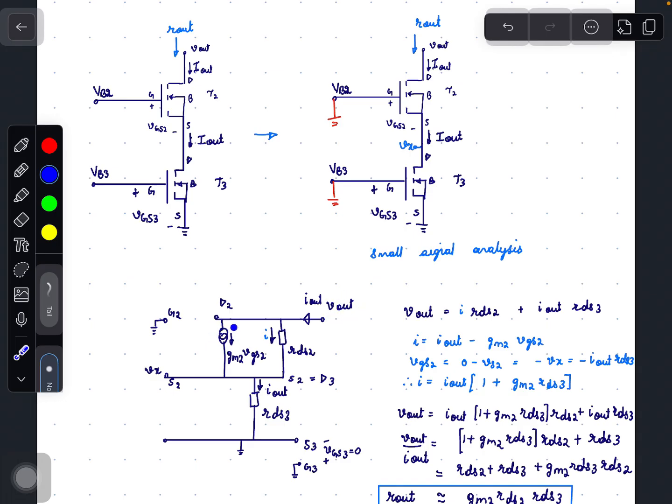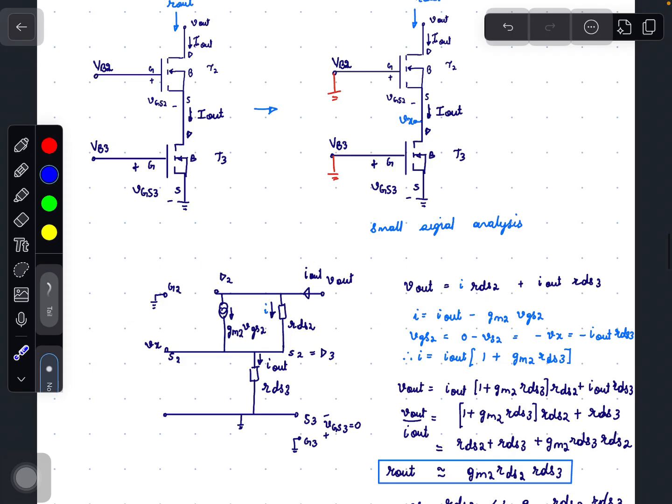We have gm2 times VGS2, and then we have an RDS2. And then to the source of T2, or the drain of T3, we have an RDS3 which is connected to ground. Here gm3 VGS3 is not present because VGS3 equals 0, since the gate is shorted to ground and the source is also shorted to ground.